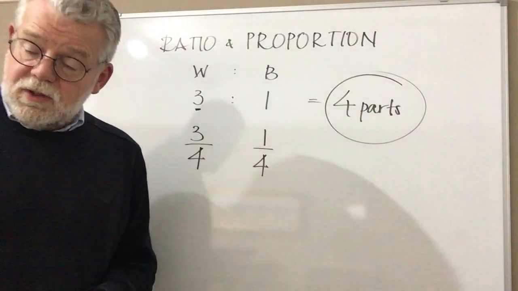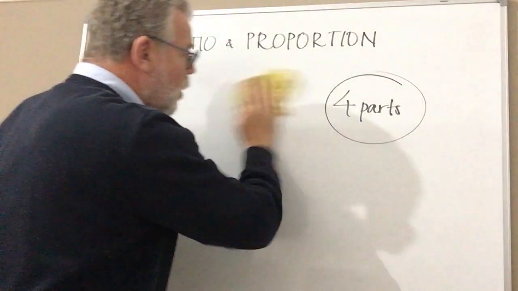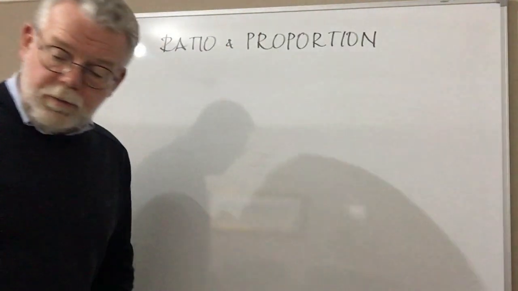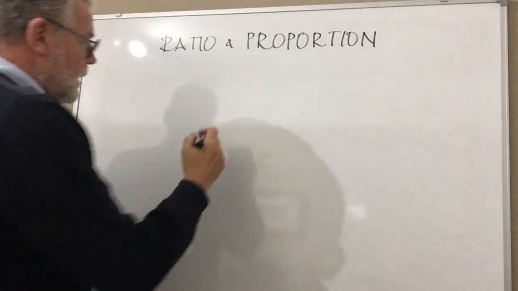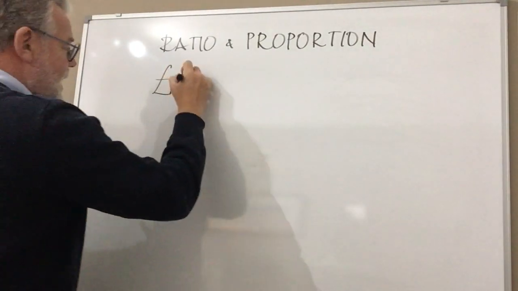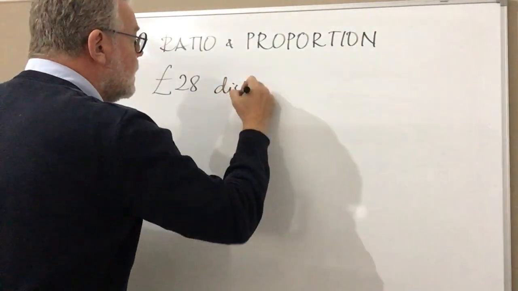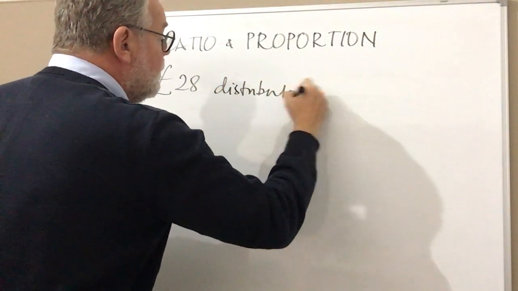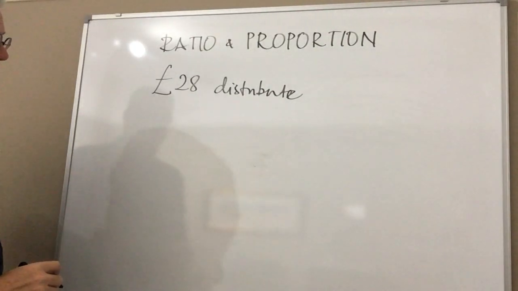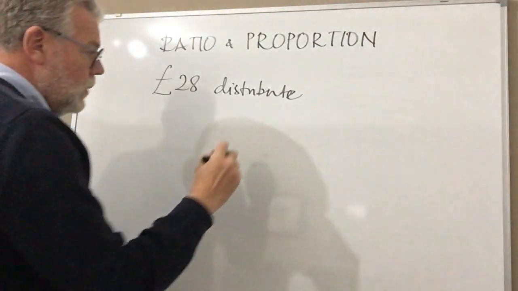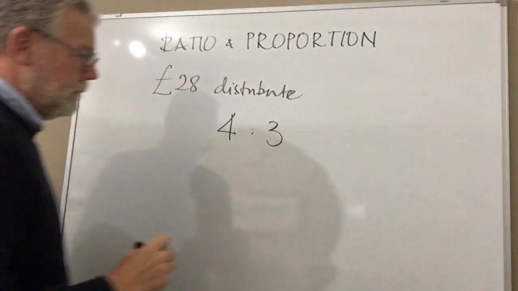Okay, now we can use this information to help us in another common type of ratio problem. So it might be something like this. I have got 28 pounds and I'm going to distribute it between 2 charities, and I'm going to distribute it in the ratio of 4:3.